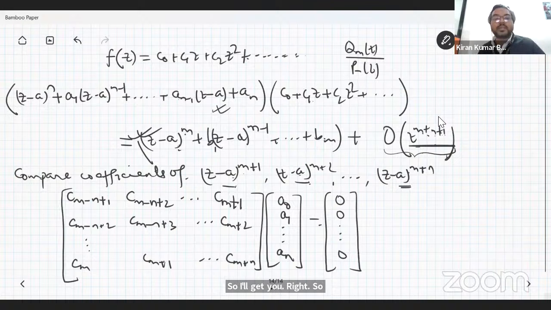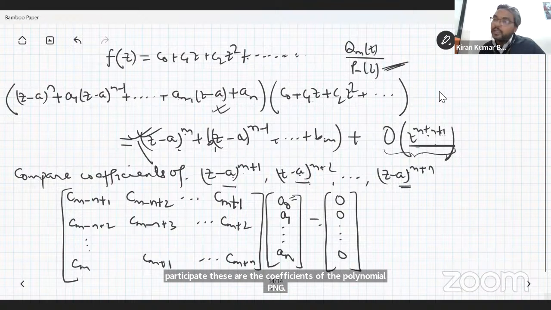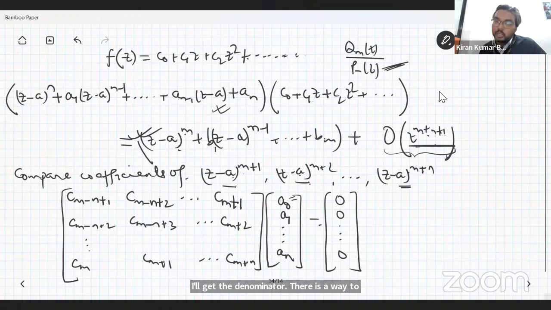So what are these? These are the coefficients of the polynomial P_n(z). I will get the denominator. There is a way to construct the numerator also, but let us not go into it.